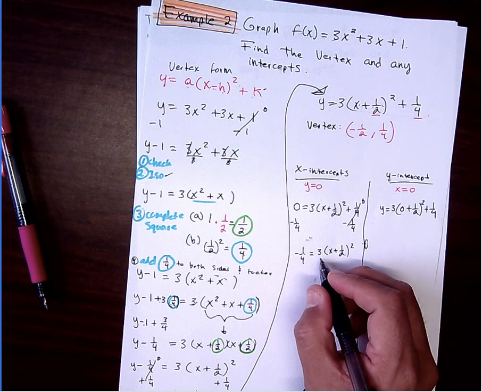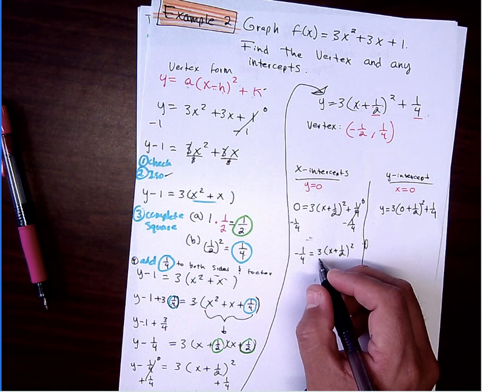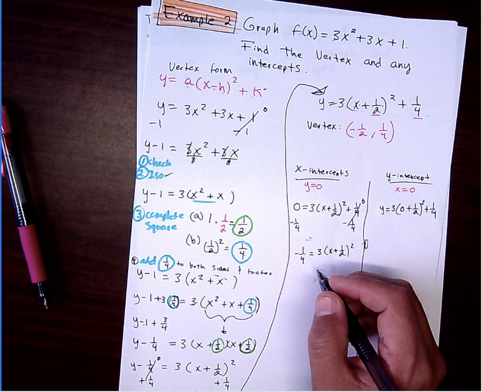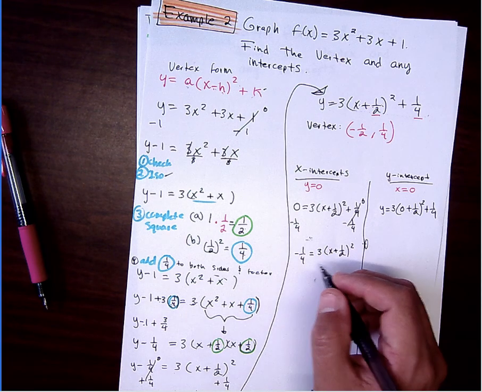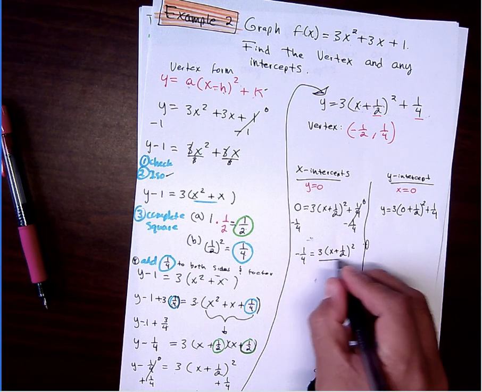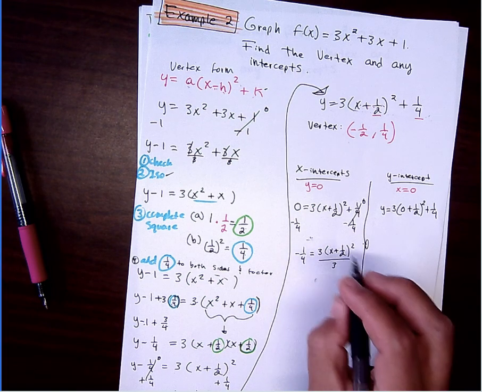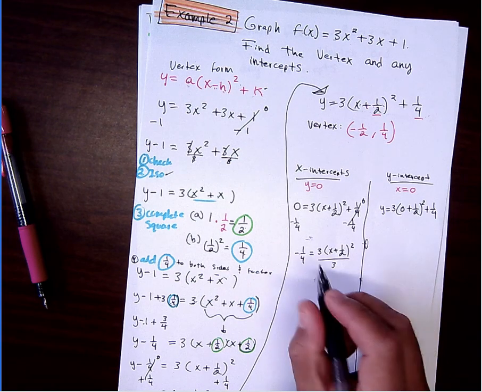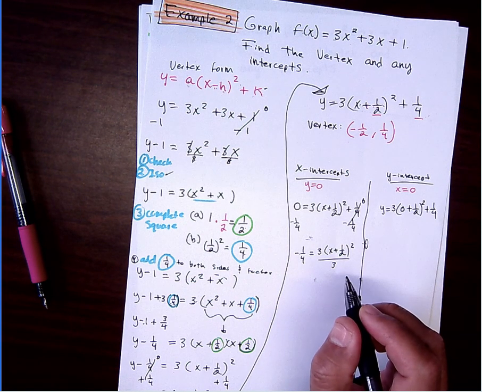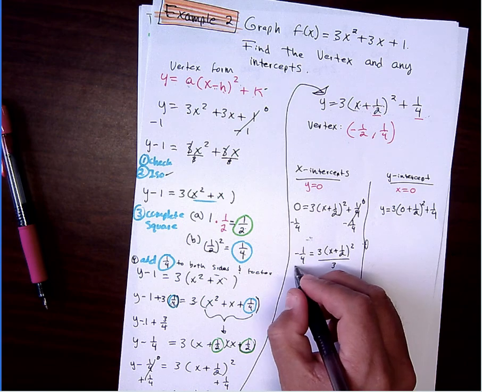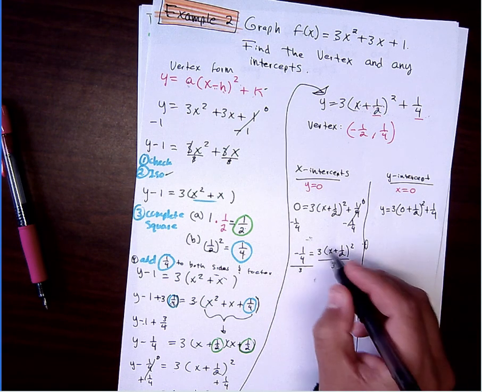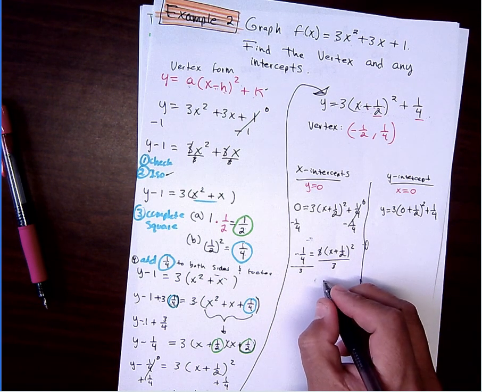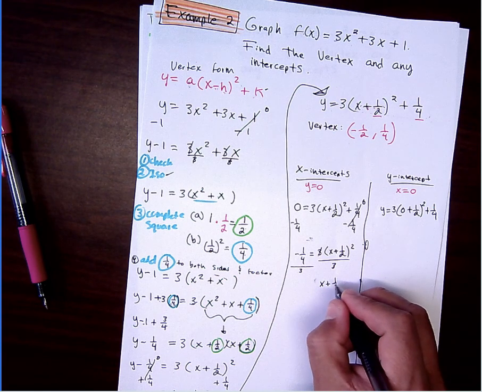So from here, let me see what happened here. So here I'm going to divide by 3. So I'm dividing this by 3. I'm dividing this by 3. So this cancels. So x plus 1/2.